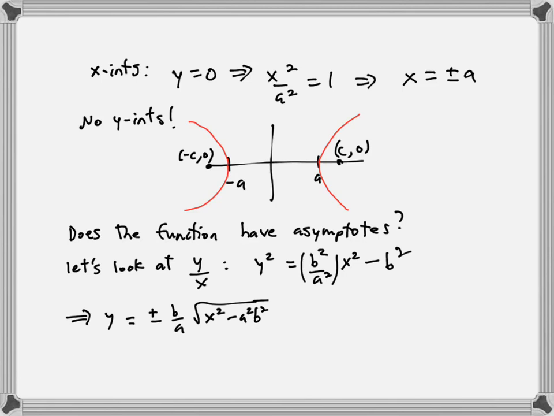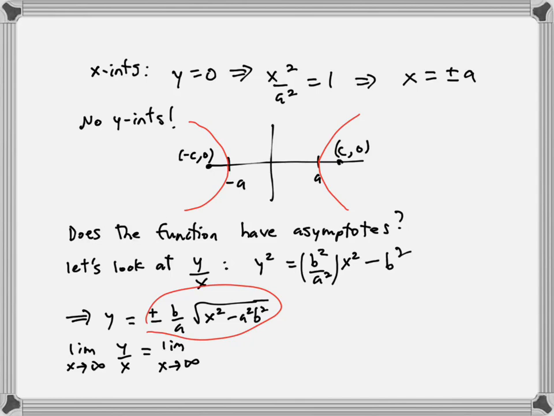So what is the limit as x goes to infinity of y over x? This is equal to the limit as x goes to infinity of, we're going to divide this by x, okay?